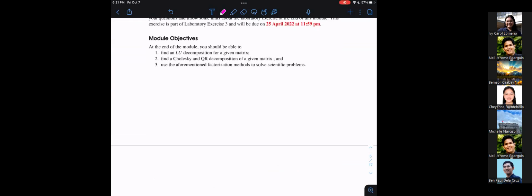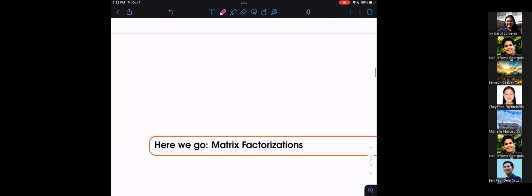For us, we will stick to the following. We want to find an LU decomposition for a given matrix. And then probably in the next few meetings, we're going to look at QR decomposition and Cholesky factorization. And of course, at the end of the section, we will try to use these factorization methods to solve scientific problems. Okay. Now, here we go.